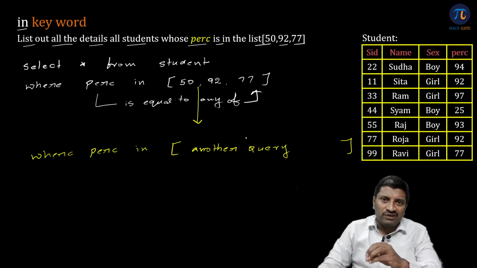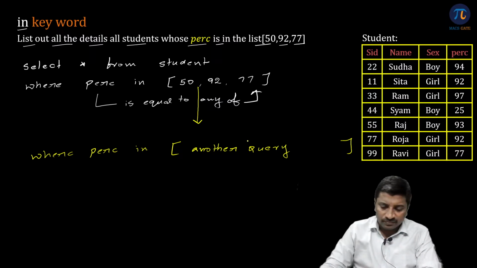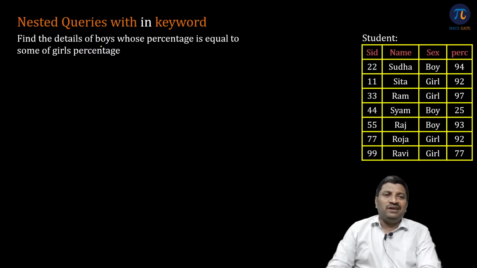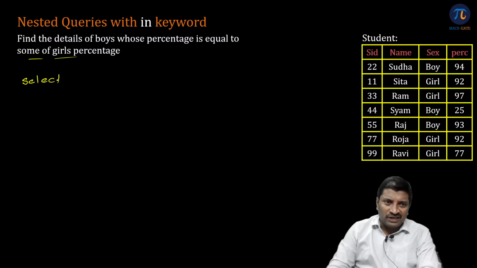Let us see one example on this. Find the details of the boys whose percentage is equal to some of the girls' percentages. So I need the details of the boys.